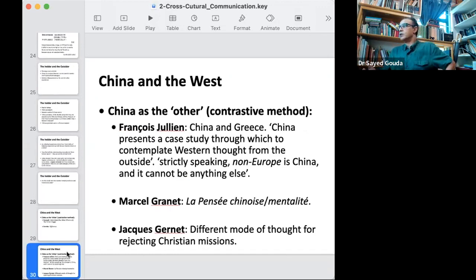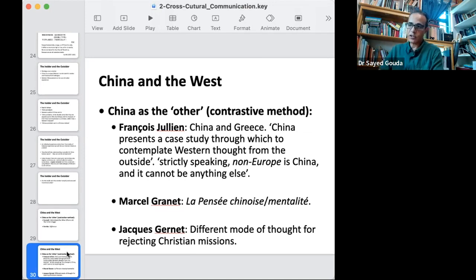There are other scholars also. As I just said, some scholars said that taking China as the other, the opposite of Western culture, is mainly a French product. It's French scholars who started it. And then Professor Zhang countered this claim and says, no, even American scholars did that, and he gives some examples to show how some of the French scholars were so extremist in the way they depicted and introduced China.